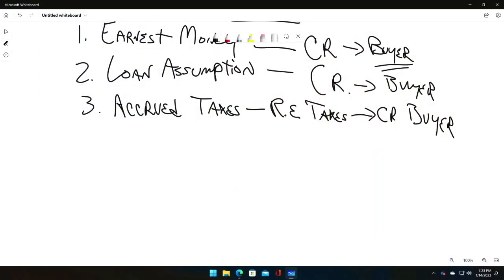And that would be a credit to the buyer and a debit to the seller. So accrued taxes or real estate taxes are considered credits to the buyer unless they say the taxes are paid in advance. Okay, so don't forget that.